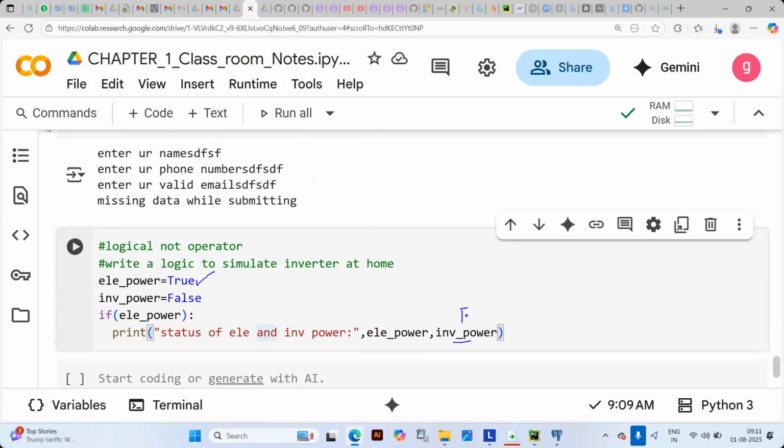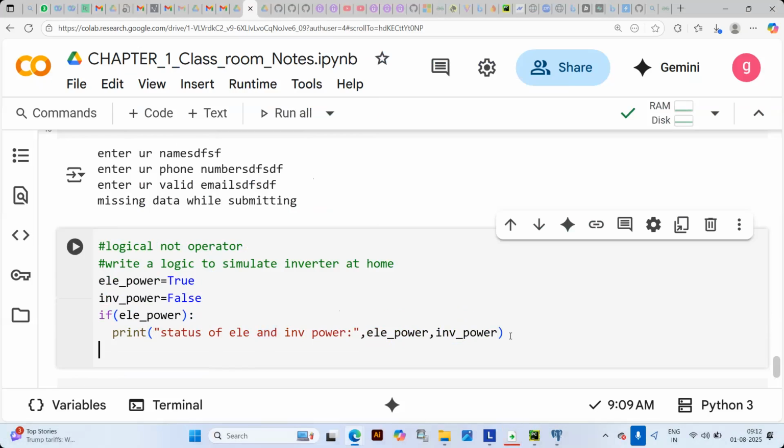Now, obviously, I'm expecting that when the electrical power is true, inverter power is false. Obviously, when the power is there, electrical power, the inverter should be in off mode. When the power goes off, then the inverter power needs to be on. So what is the else part? What exactly are we supposed to write?